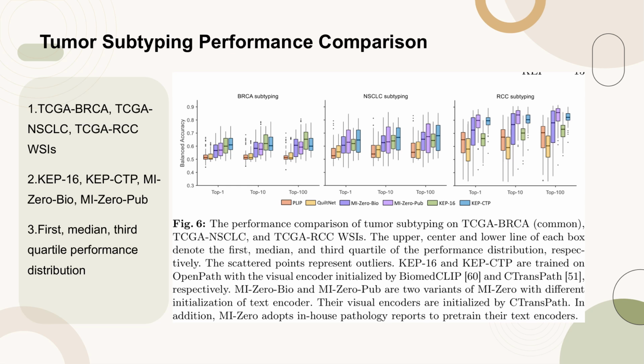Additionally, MI-Zero Bio and MI-Zero Pub, variants of MI-Zero with different text encoder initializations, are also featured, with their visual encoders initialized by CTransPath. Notably, MI-Zero leverages in-house pathology reports for pre-training its text encoders. The results indicate that KP16 and KPCTP outperform other models across all datasets, demonstrating the effectiveness of the approach.